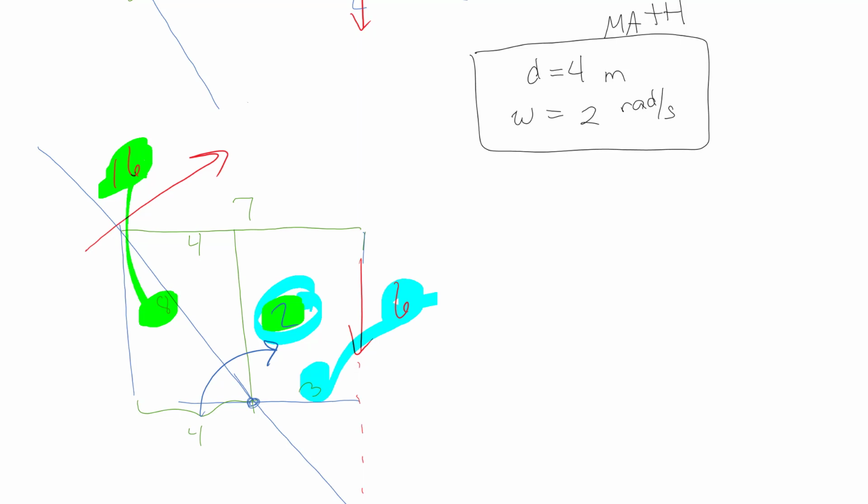That's how these numbers are related. It's a little weird looking. Notice it's not 2 times 4, because that's just a distance that doesn't really have any meaning. We're looking for the perpendicular distance to the velocity vector, and that 4 is not perpendicular to the velocity vector. It's off at 30 degrees.